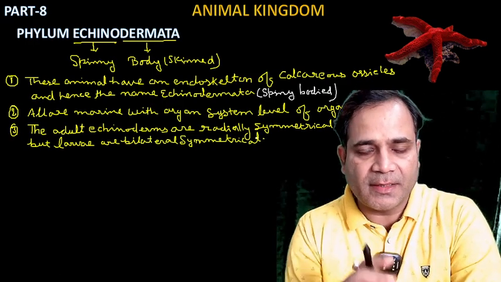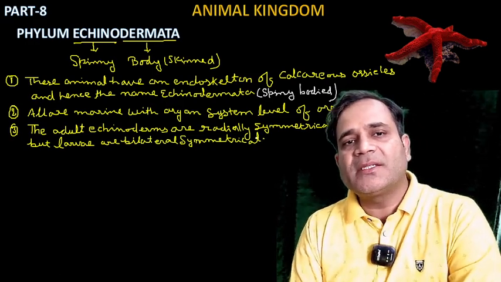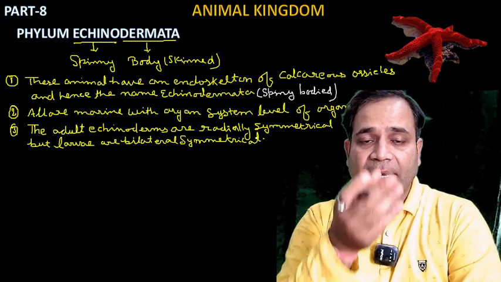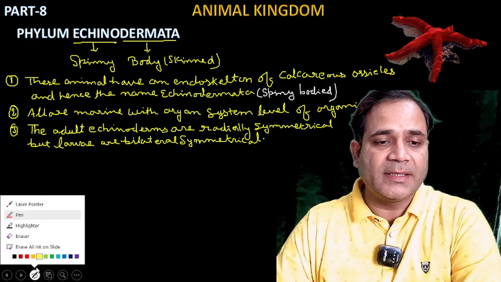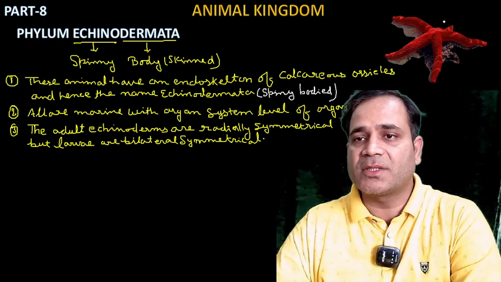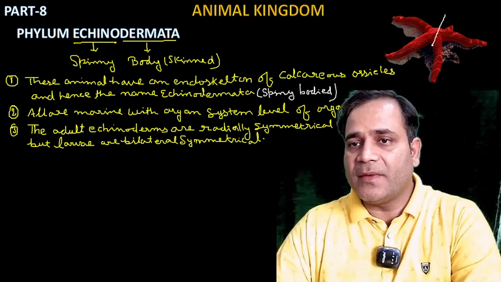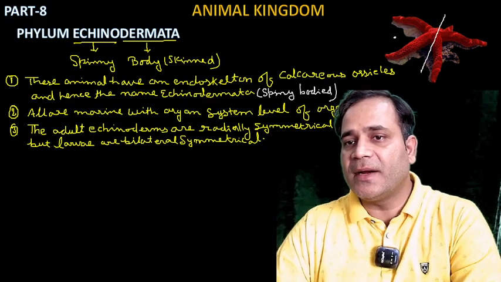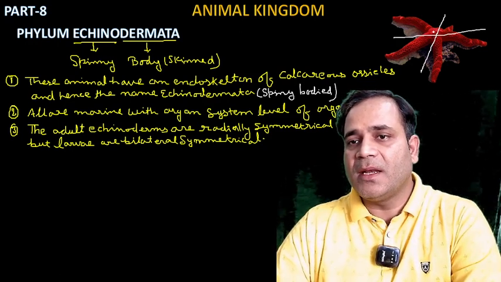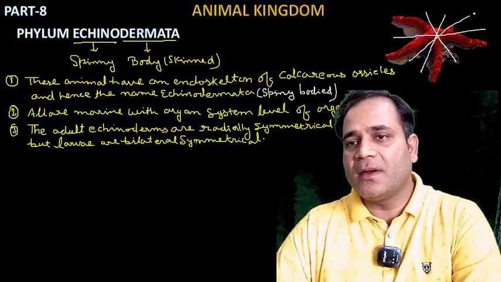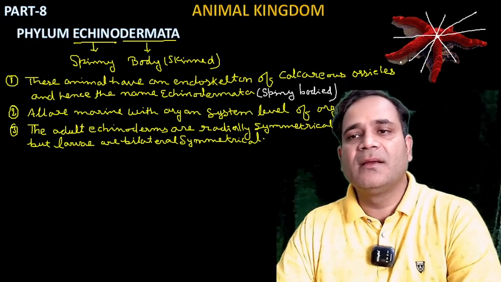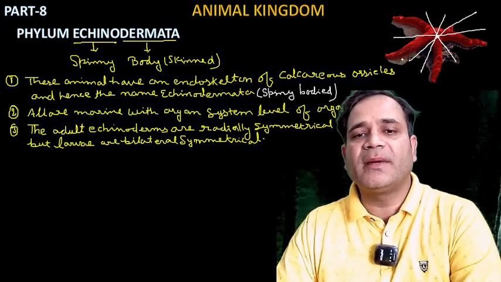Again I'm repeating this point: the adult echinoderms are radially symmetrical. See the diagram of a starfish, which is radially symmetrical. When we cut from the center, it divides into many equal halves. This is radial symmetry, my dear. Clear?